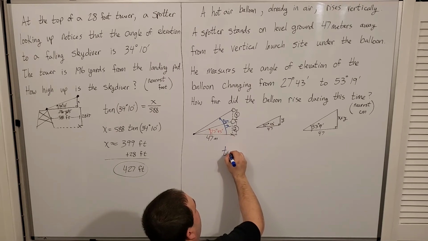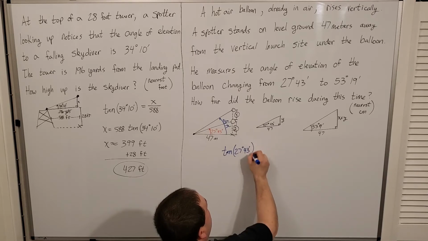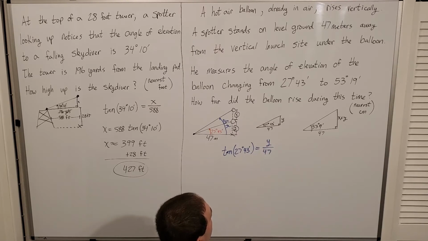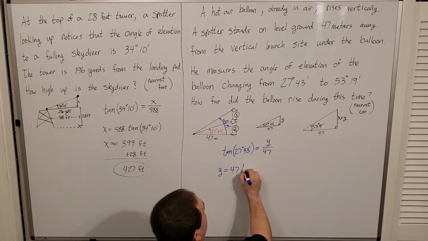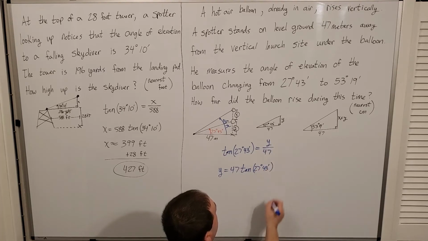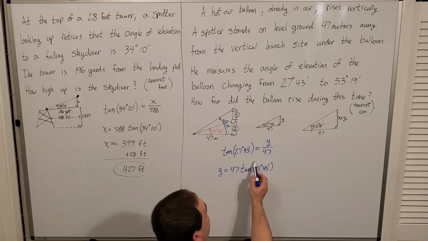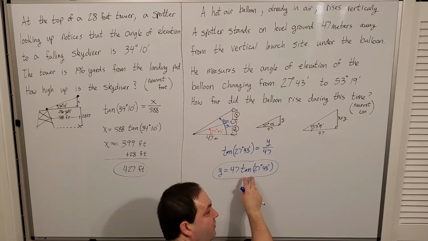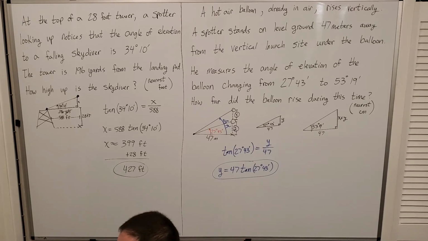So then I have tangent of 27 degrees 43 minutes is equal to y over 47. Therefore, y is going to be equal to 47 times the tangent of 27 degrees 43 minutes. I'm going to leave that right there for accuracy purposes. I don't really need to know what y is yet. I just need to have a way of calculating it so that I can use it in the next bit.